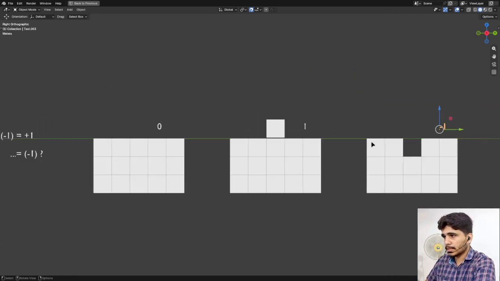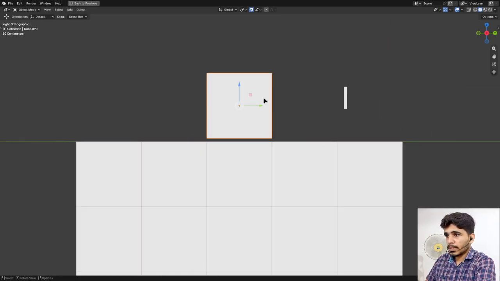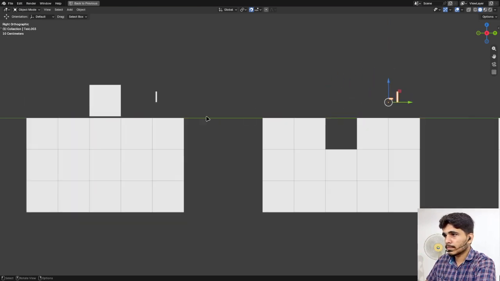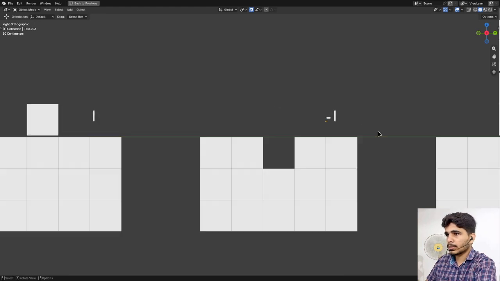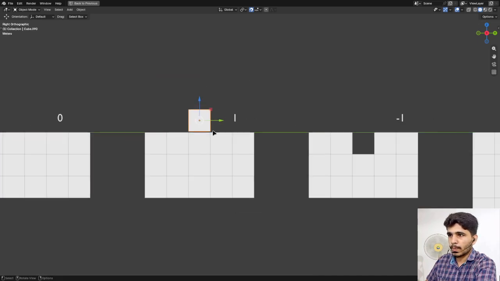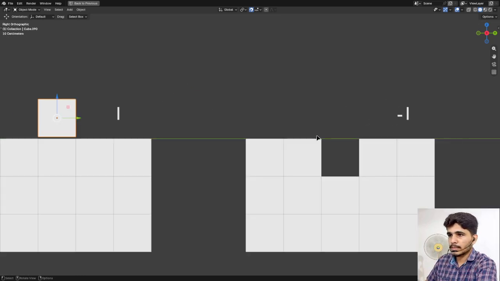So this is our 0, this is our 1, we got 1 unit up, and we got 1 unit down because of this minus sign. Going 1 unit down is absolutely the reverse of going 1 unit up. So let's say this minus sign is the reverse of whatever positive is. If positive means going up, then negative means doing the reverse of whatever the positive is.